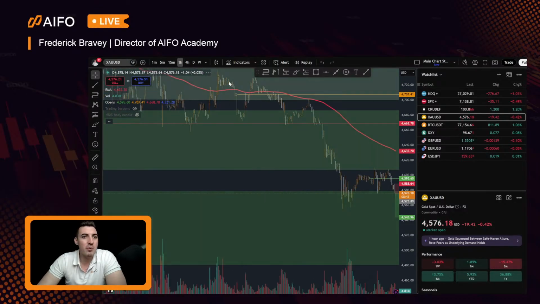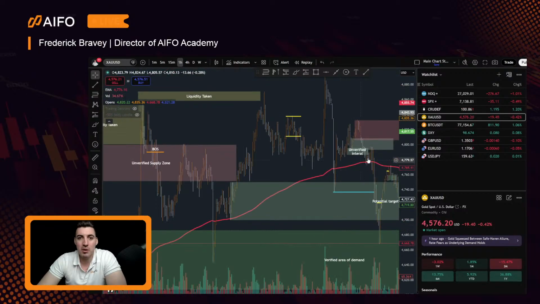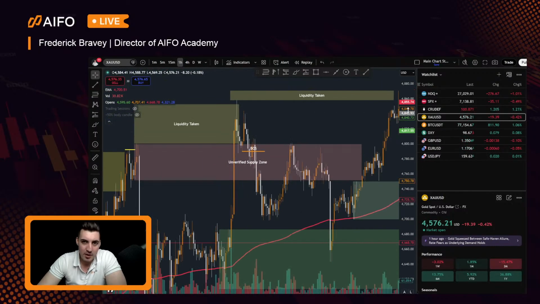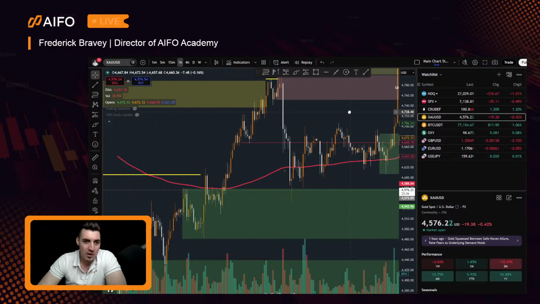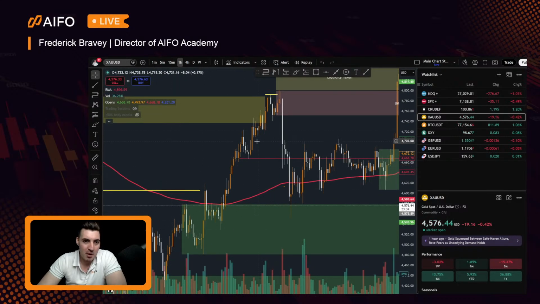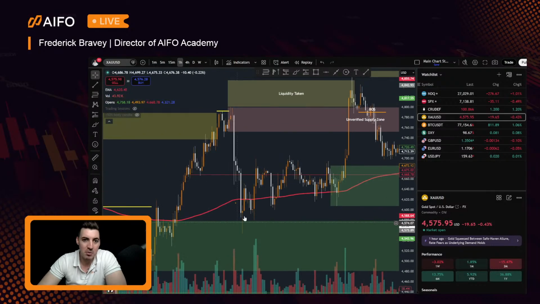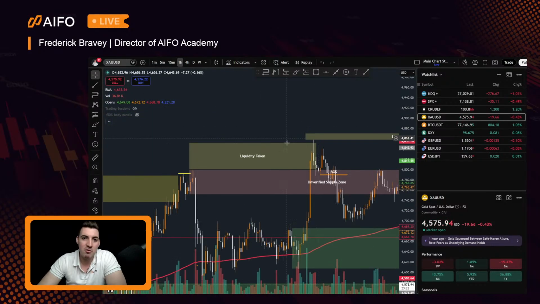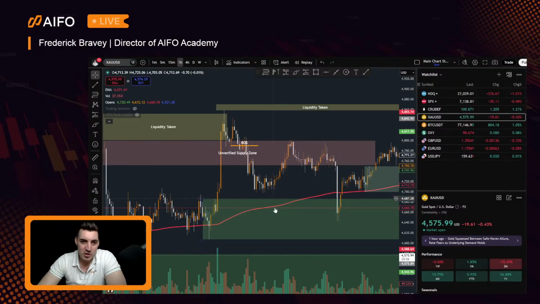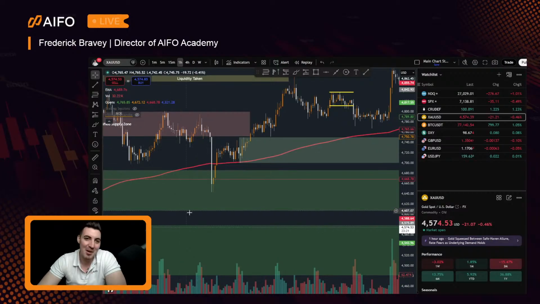As I said a few weeks ago, gold was playing very nicely into a lot of our technicals. Price came up, created this demand zone, came down, re-entered that demand zone, pushing itself back up, grabbing that liquidity, pushing itself down, creating a supply zone, came up to that supply zone and pushed itself back down. It was just beautiful.